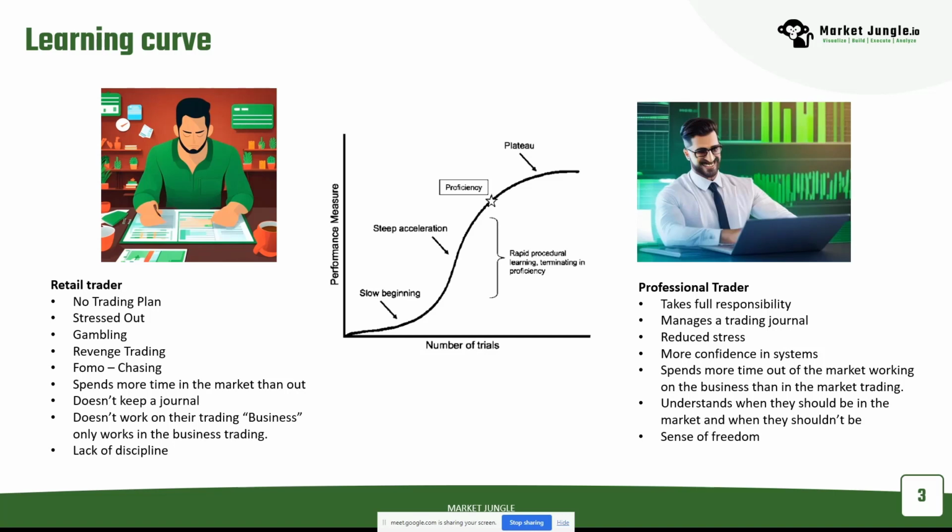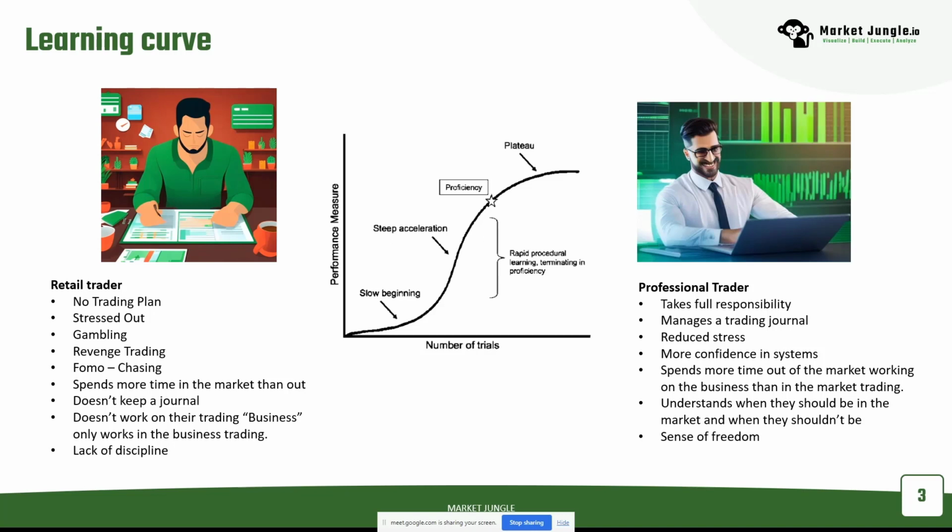One of the key differences between the retail trader and the professional trader is really just taking full responsibility. It's not looking outwards and saying that my outcome is because the market makers had it in for me, or there was a big person on the other side of this trade who wiped me out.